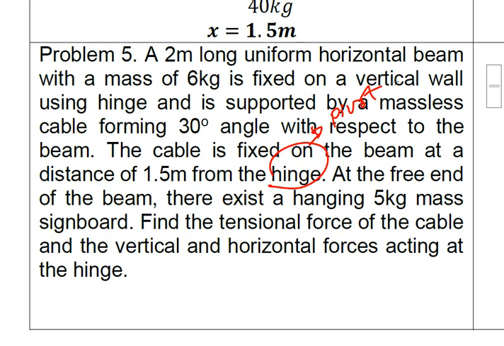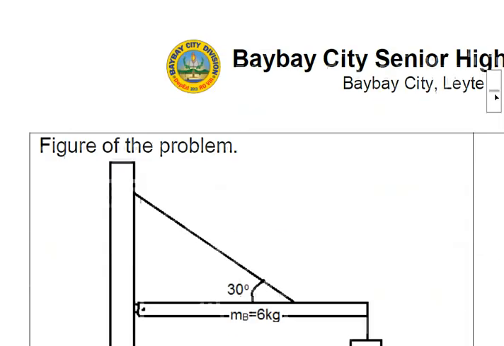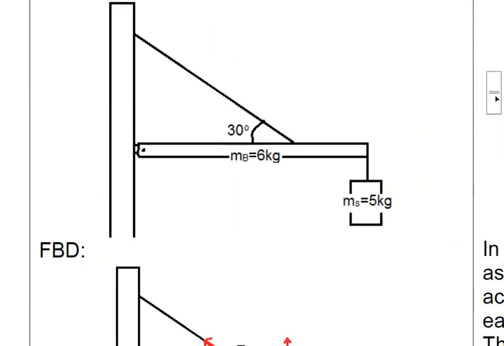Okay, this is quite a long problem, but for me it is quite short. For you this perhaps would be a long problem. The next thing that you're going to do is, of course, to create the figure of the system. So I have here the figure of the system. Okay, so you have here this point, the hinge.